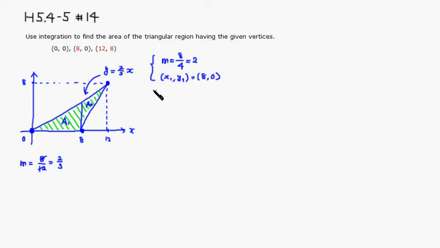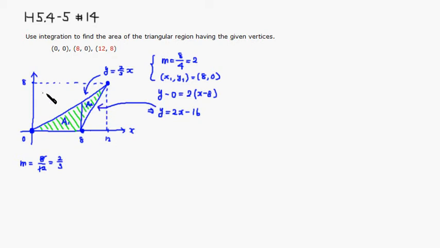So we have y minus y1 equals 2 times (x minus 8), which can be cleaned up as y equals 2x minus 16, just multiplying out. So this is the equation of that line right here.